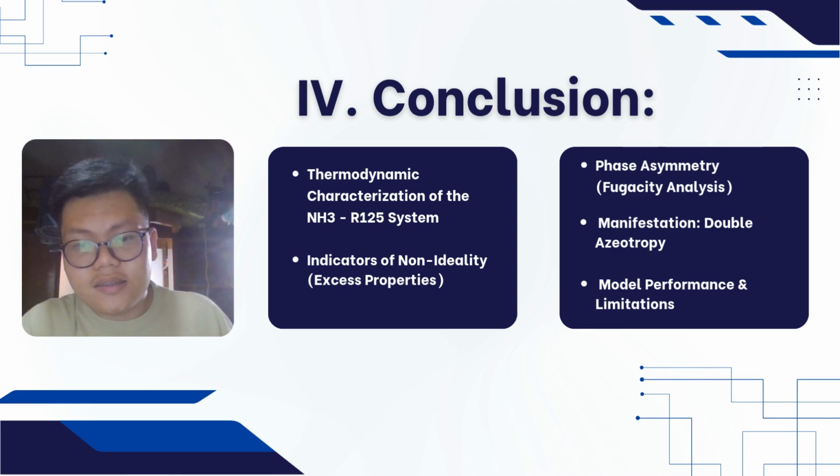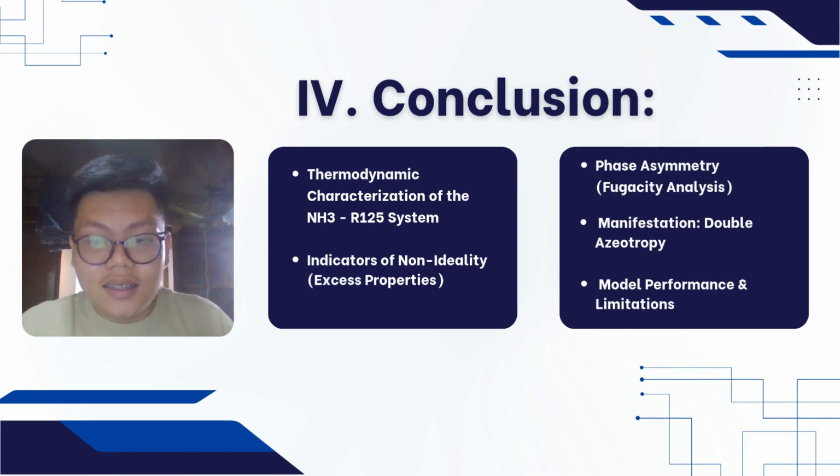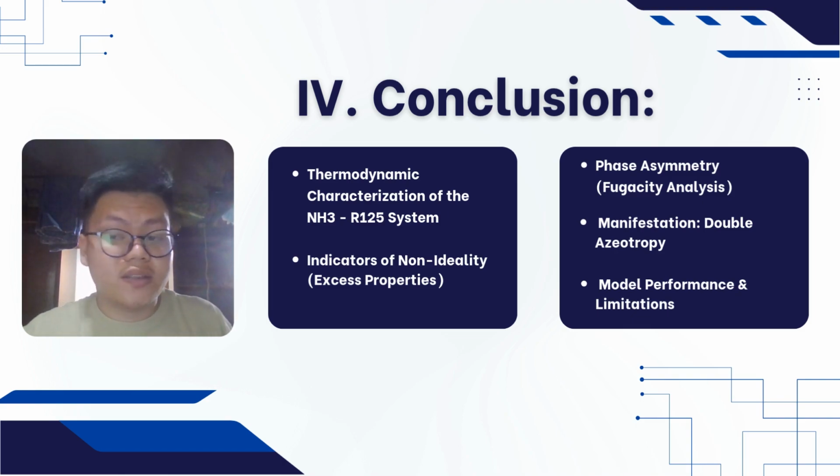Third, this extreme non-ideality isn't just theoretical. It has a clear and very challenging physical manifestation, which is the double azeotropy. This is the direct evidence of those competing molecular forces we saw in the excess properties. In the ammonia-rich region, we get a positive deviation azeotrope, or a minimum pressure point.